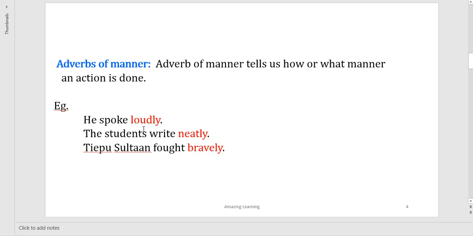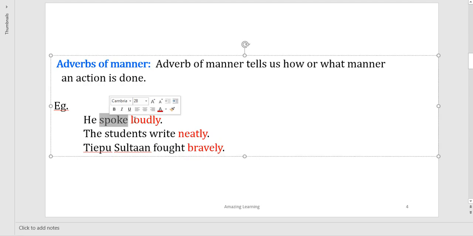For example, he spoke loudly. He spoke is the verb already, but in which manner did he speak? Loudly, so loudly is the adverb.